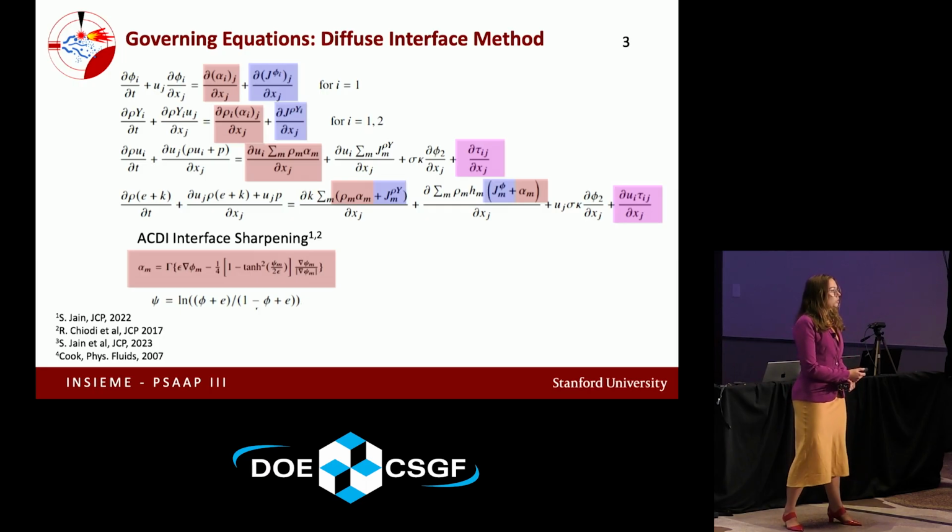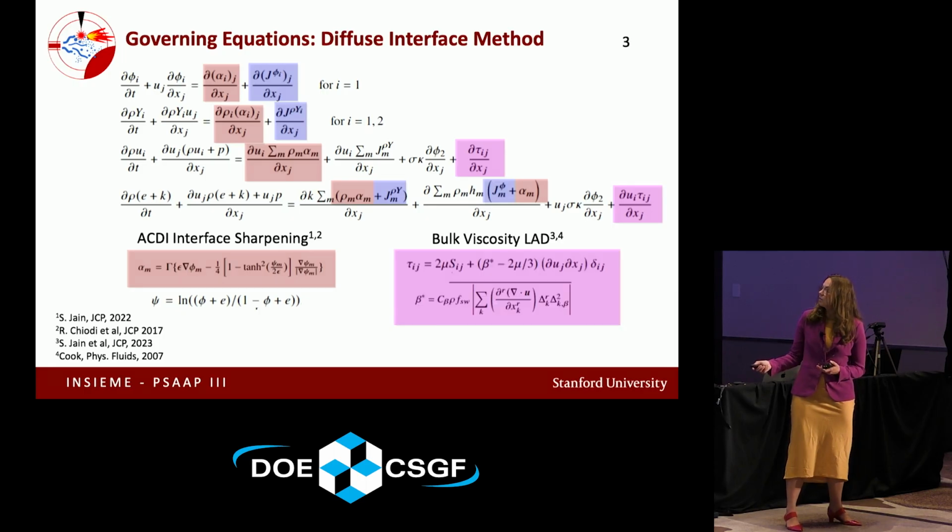One of the main issues with diffuse interface methods compared to sharp interface is your interface will diffuse over time numerically, and it's not physical to have a liquid mixing with a gas. But if you have these interface sharpening terms, they numerically sharpen the interface so that you maintain separation between the 2 phases. Then I also have localized artificial diffusivity terms, both in the material equations and then also for shock capturing purposes.